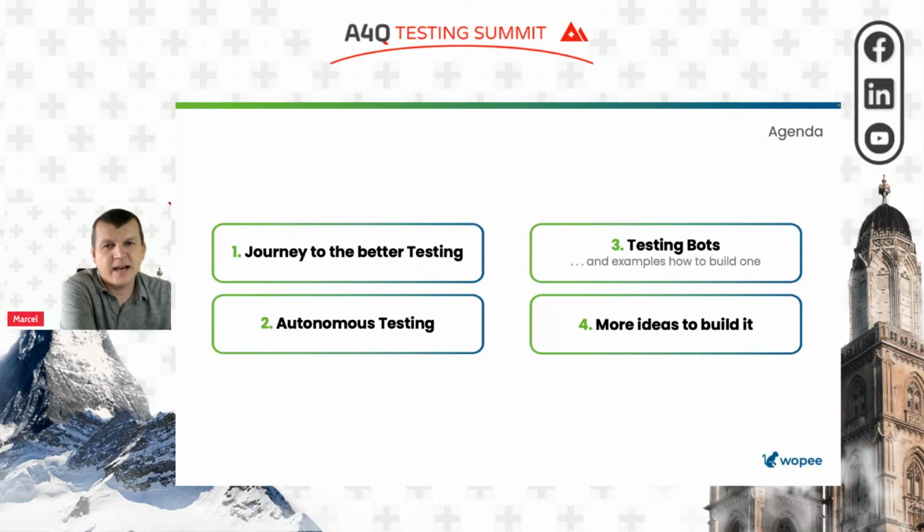And then I will share some more ideas you could bring to improve your testing, because as I mentioned on previous slides, some people are skeptical about testing, and I believe we could innovate it and push it further. So let me start first with some history or with some memories from the past.